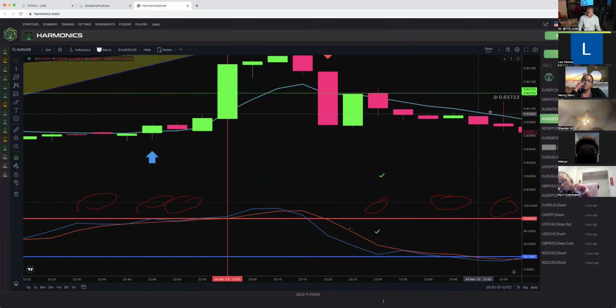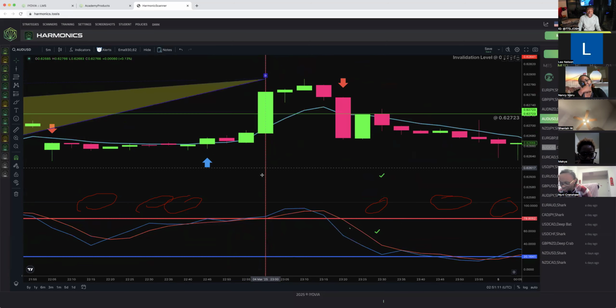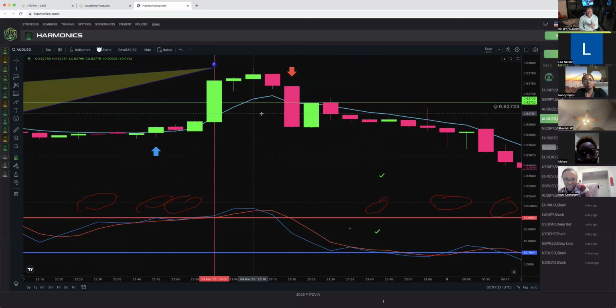So if we're taking a sell, after you drew the line from the RSI, the line that you drew right here, down here, after the line, you want to see a combination of two candles. You want to see a red candle close below the EMA, and you want to see another red candle open below the EMA.